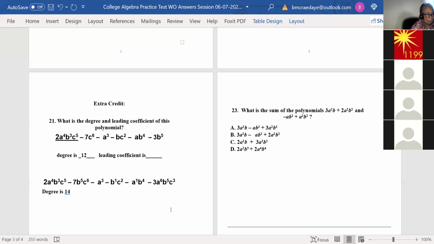I think so. Okay, so you take each expression in the polynomial, add up the powers, and the one that has the highest total, that's the degree. Up here, that was a 12, but I put one here that, when you add up the powers, is bigger than 12. So now the degree of this polynomial is 14.